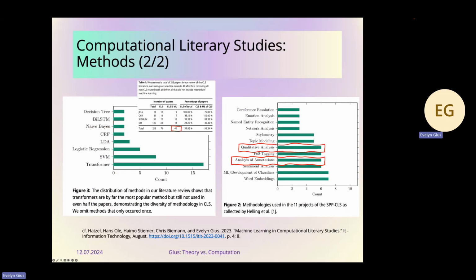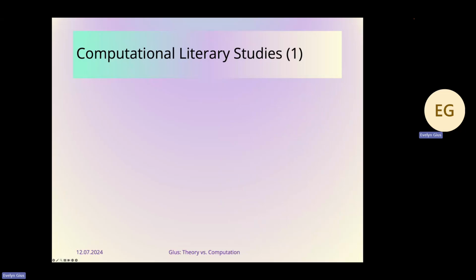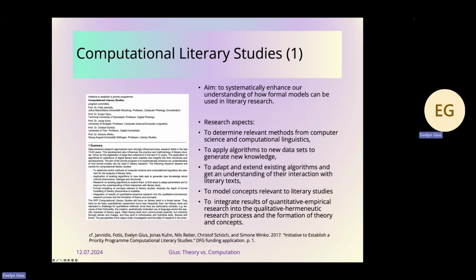Okay, so computational literary studies, then what is it? I will present you now 2 takes on it, and in both I was involved. So it's not about blaming people, or if I want, I have to blame myself, but it's about showing that it has 2 possible perspectives. Here you don't have to read that.